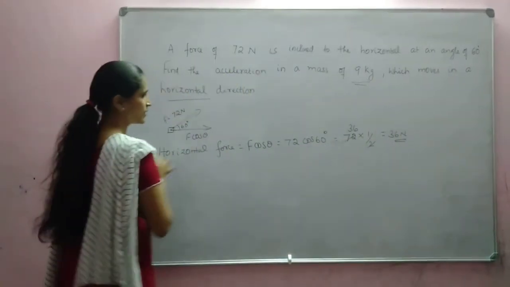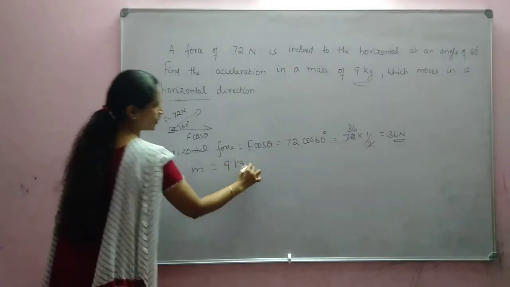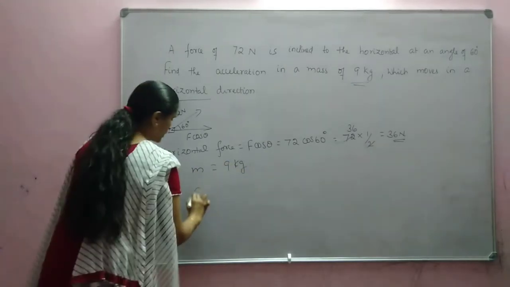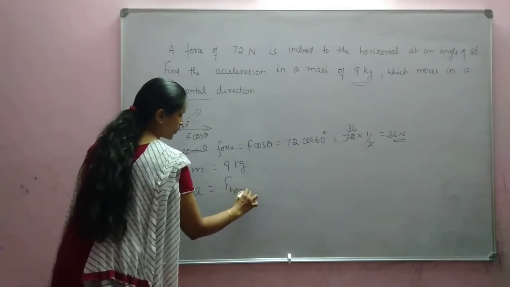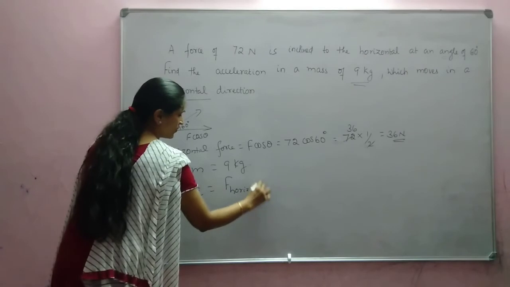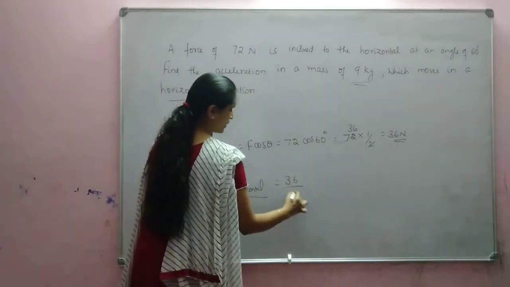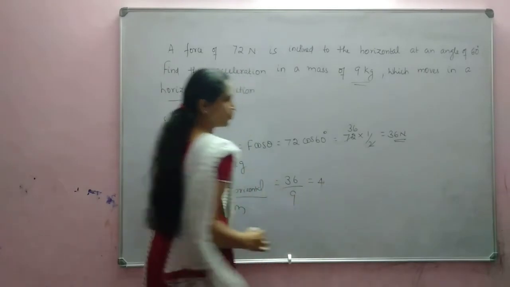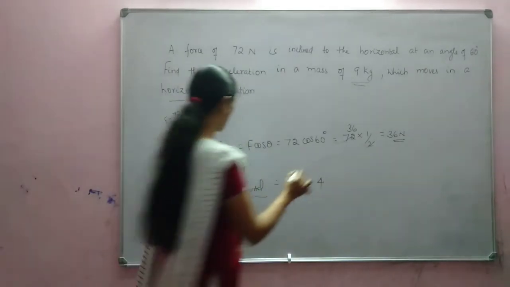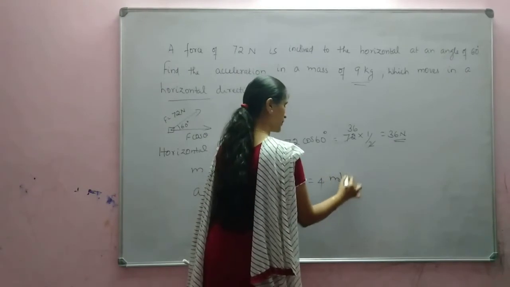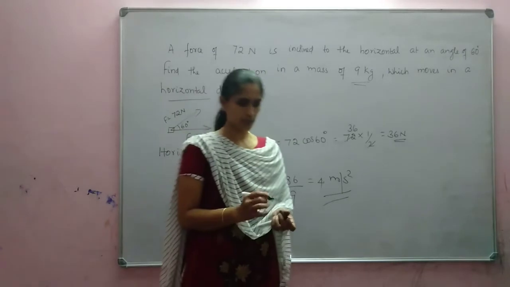Now mass is given, mass is equal to 9 kg. Now we can find acceleration. Acceleration is equal to horizontal component of force divided by mass. So 36 by 9, which is equal to 4. What is the unit? All data is in SI units. So acceleration is 4 meter per second square. Now we will proceed to the next problem.